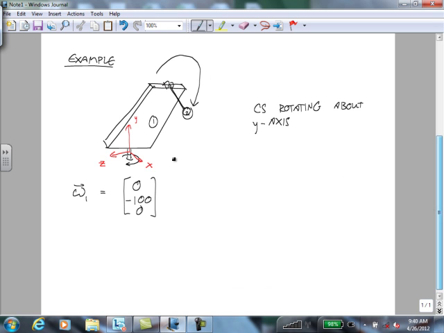And so you're not going to have any acceleration of the origin, right? So in calculating the acceleration of the ball, you're going to have no acceleration of the origin plus the acceleration of the ball relative to the origin.